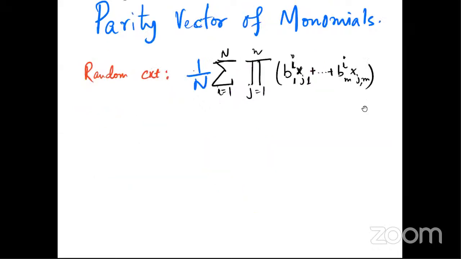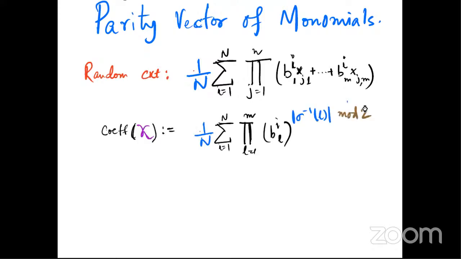So far, so good. And this motivates us to define what is called the parity vector of a monomial, and this is going to be a crucial concept. So the coefficient of a monomial in this random sum is going to be exactly the sum of the coefficients contributed by each of the subcircuits, which are given by this mod 2 thing.